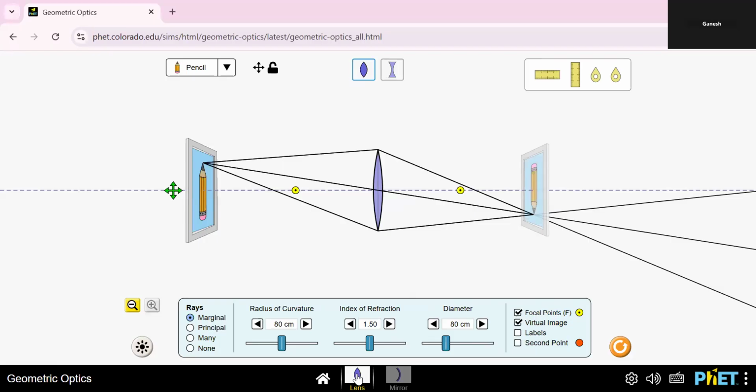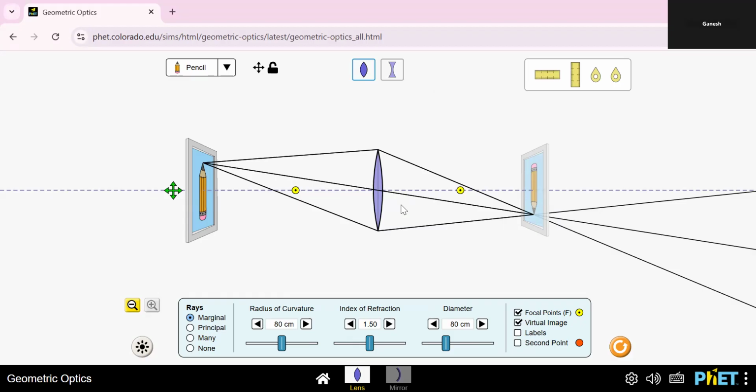First, this is the concave mirror, and this is the concave lens. With the help of concave and convex lenses, we will see how the image is formed. In the simulation, we can learn how rays pass through.